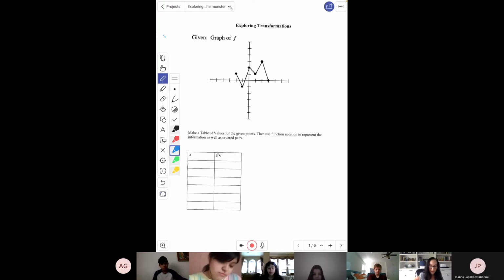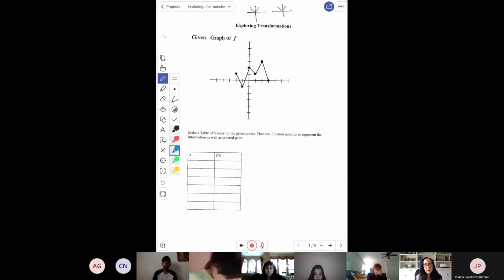That's okay. All right. So remember when we started building our parent functions, we said that was the most stripped down version of each of those functions. So we talked about the constant function. We talked about, for example, the absolute value function, right? We talked about the parent quadratic function.